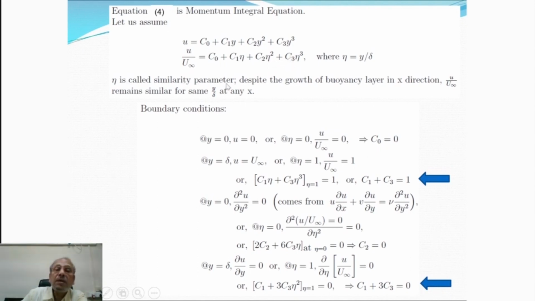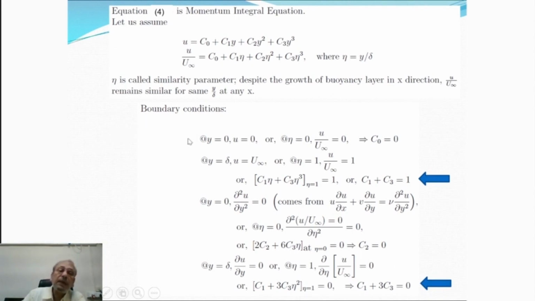Eta is called the similarity parameter. Despite the growth of the boundary layer in x direction, u by u infinity remains similar for the same y by delta at any x. This is the basic philosophy of finding out similarity variables for flow over a flat plate.